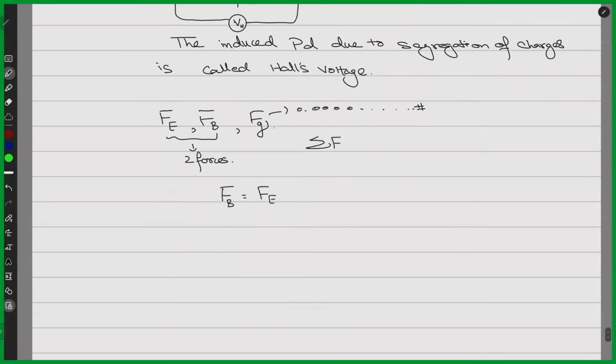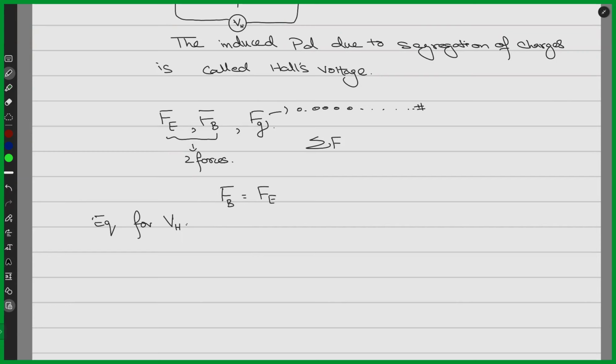My goal is to derive an equation for Hall's voltage, this potential difference, so we want an equation for VH, to see how our Hall's voltage depends on the geometry of the conductor, on the current passing through the conductor, the magnetic field that I applied and its strength, and the number of charge carriers, the number of electrons in this case.